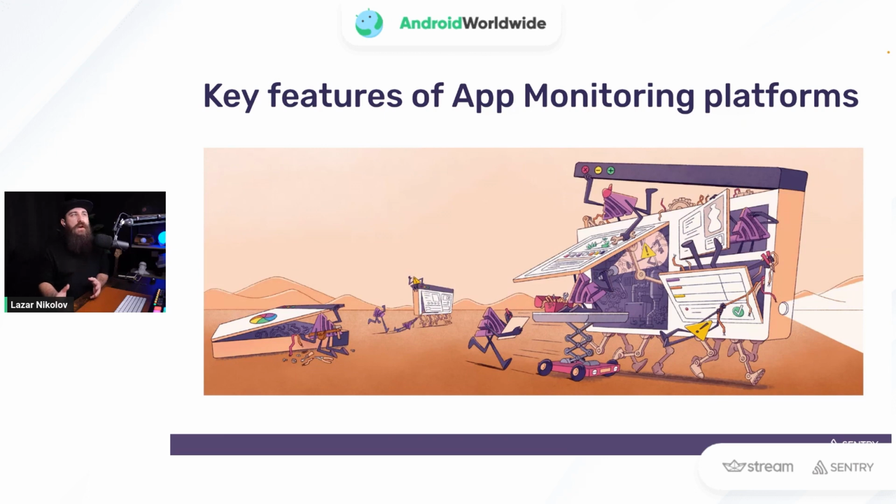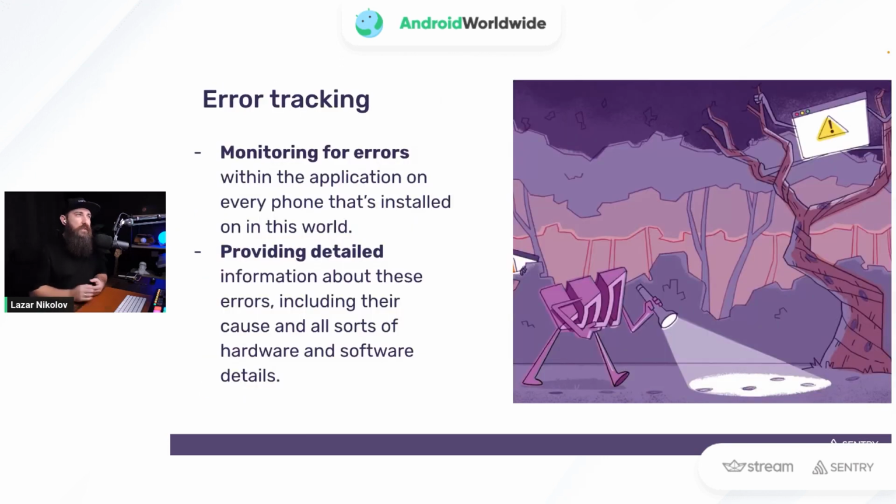Let's check out 5 features of app monitoring platforms, or at least the most common ones. First, when we're talking about monitoring platforms, the first thing we know there's going to be is an error tracking feature, right? So monitoring for errors within the application on every phone that it is installed on in this world.